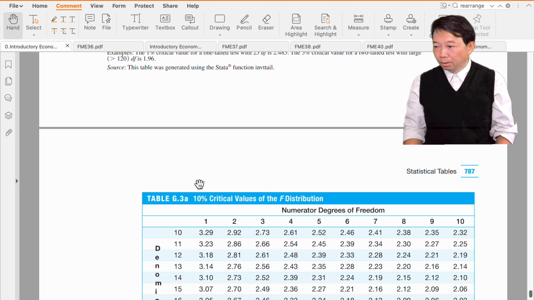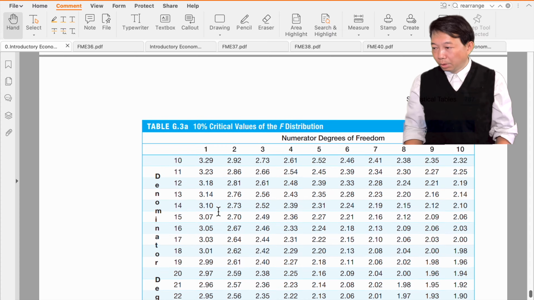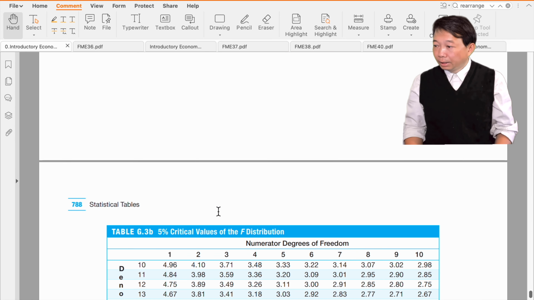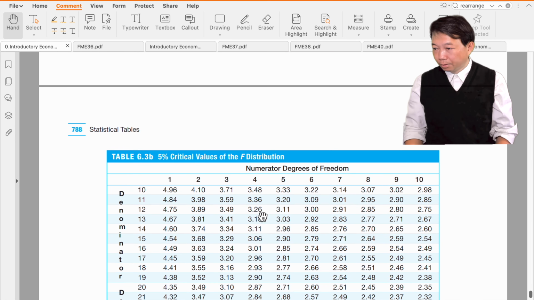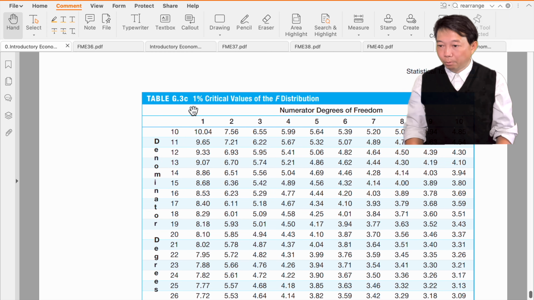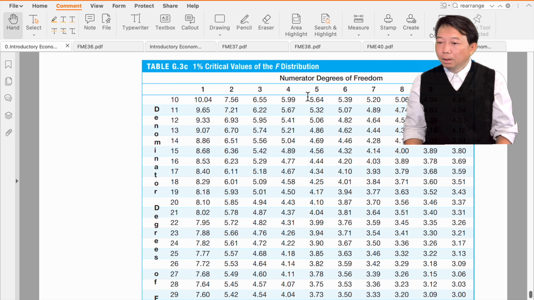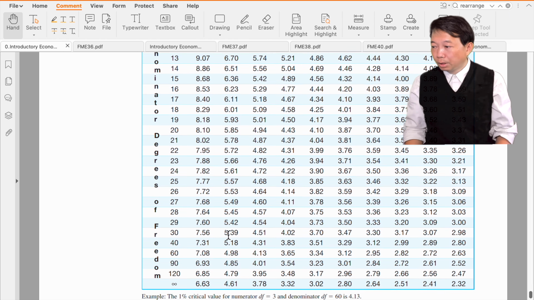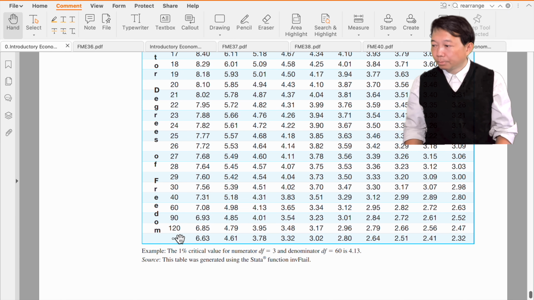From the statistical table, we can find the critical values for 10%, 5%, and 1% significance levels. The 1% critical value for numerator degrees of freedom of 3 and denominator degrees of freedom of 347 is 3.78.